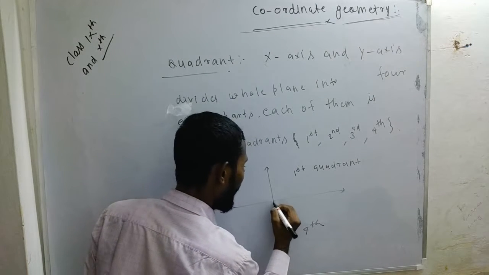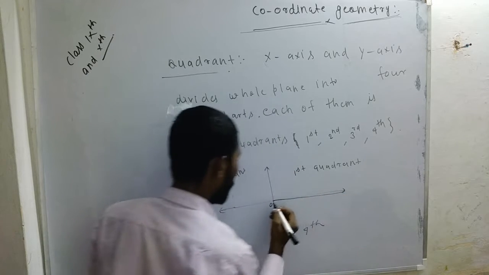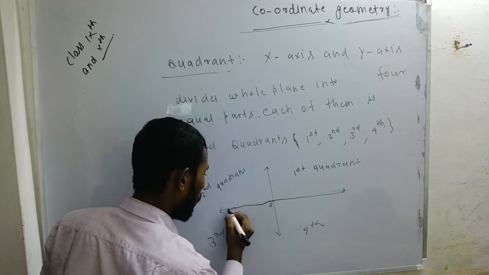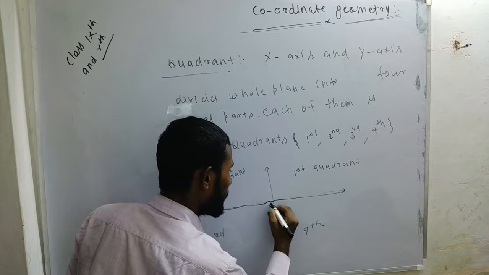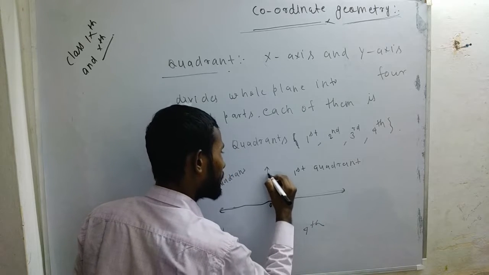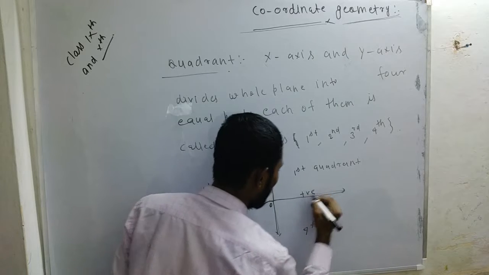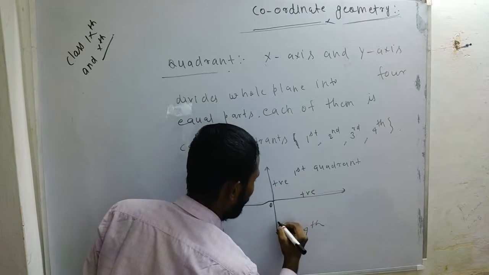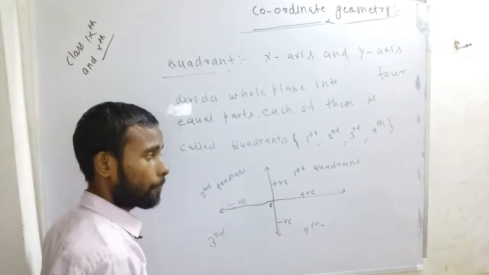For convenience, we take distance from origin in the rightward direction as positive, while leftward as negative. In a similar way, we take distance from origin in the upward direction as positive and downward direction as negative.